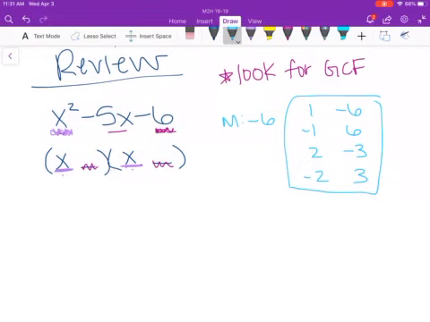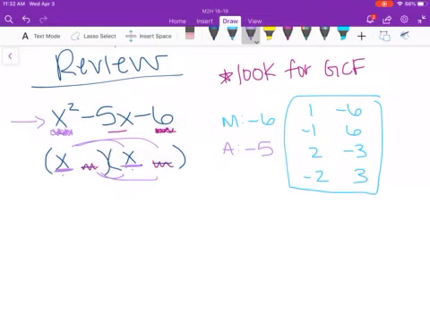As you process through, you want to make sure that it will work when you multiply it out, when you distribute it to get back where you started. A shortcut, if it's just x squared, is to find what multiplies to be negative 6 and in this case adds to be negative 5.